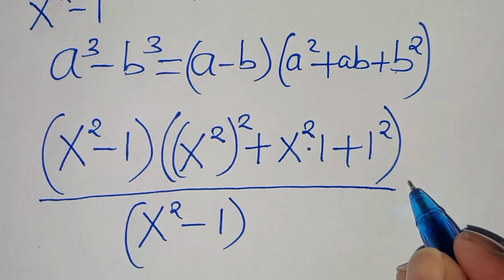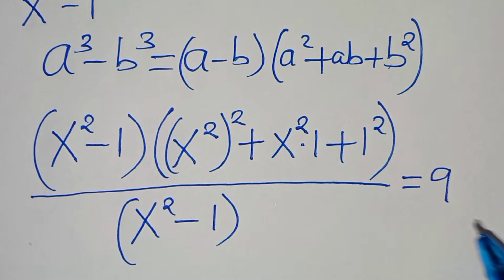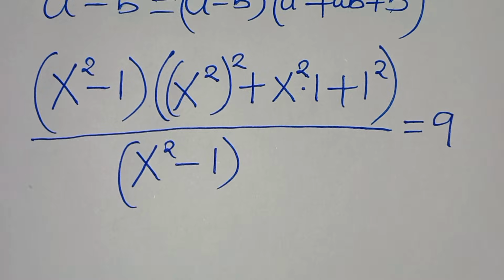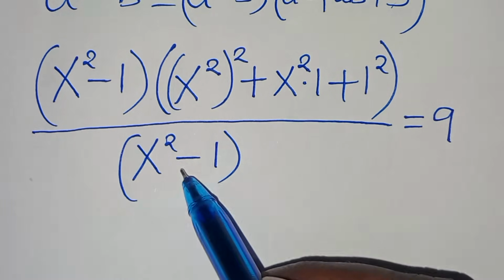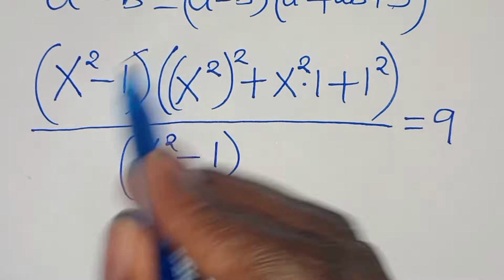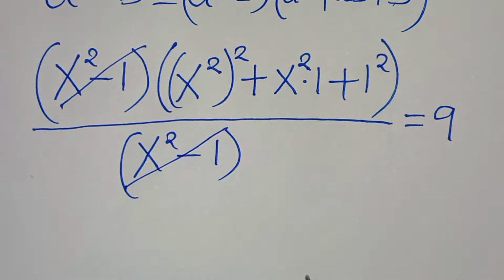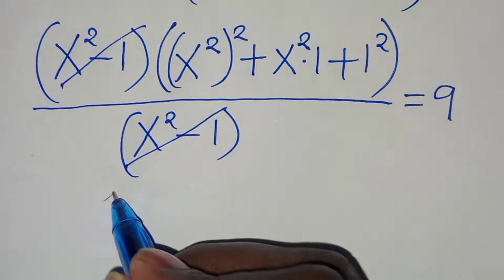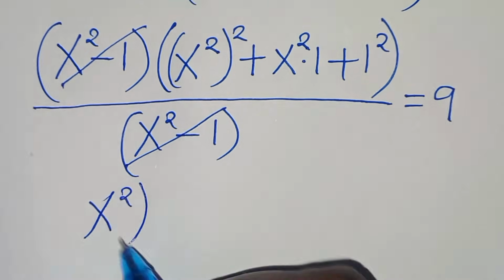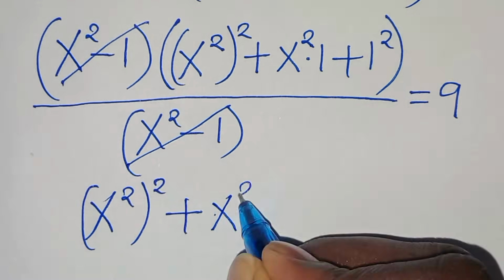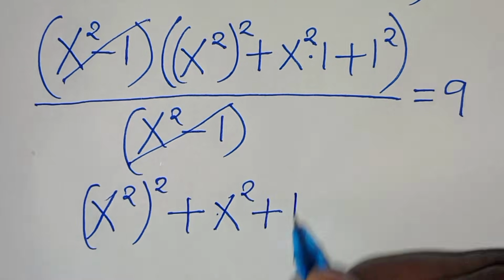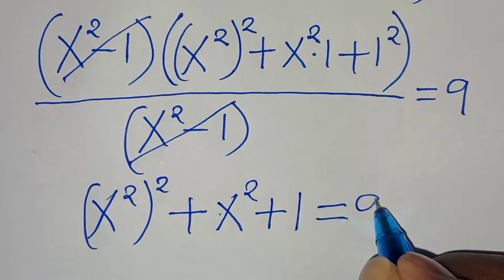This is equal to 9. Now x^2 - 1 is common here, so we can simplify. So now this is (x^2)^2 + x^2 + 1 squared, which is 1. This is equal to 9.